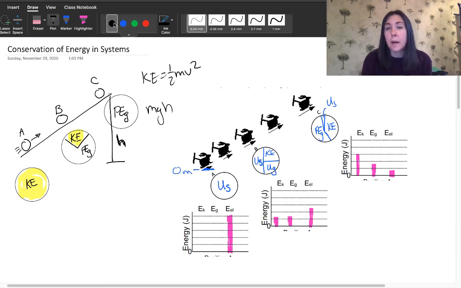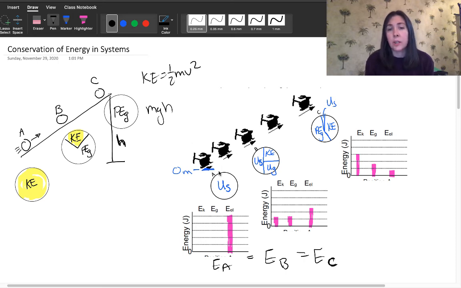These bar charts and pie charts can very easily now be converted into equations to talk about the conservation of energy. So we can say at point A, the energy at A is going to be equal to the energy at B, which is equal to the energy at C.